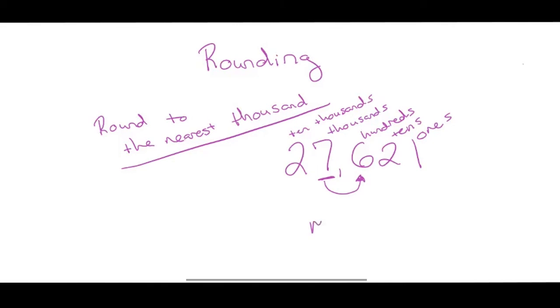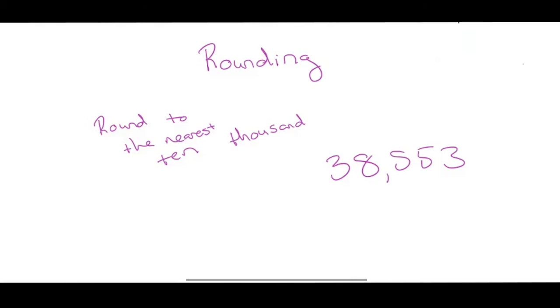I'm going to ask myself, is this more than 4? Well, 6 is definitely more than 4. I'm going to add 1 to the 7. So that makes it 28. And then turn the other digits to the right into 0. So 27,621 rounded to the nearest 1,000 is 28,000.